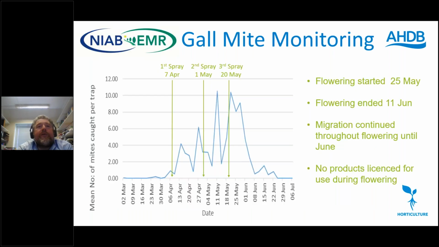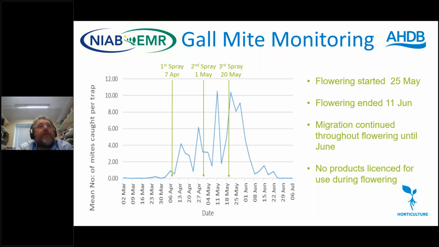So we monitored the gall mite migration through the season, and as you can see from the blue line, the mites started migrating sort of early mid-March, but didn't finish until the middle of June.